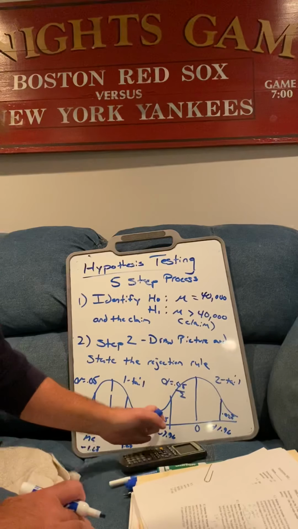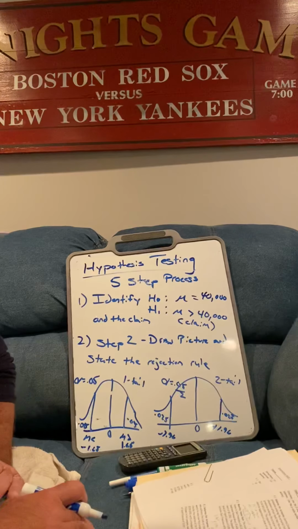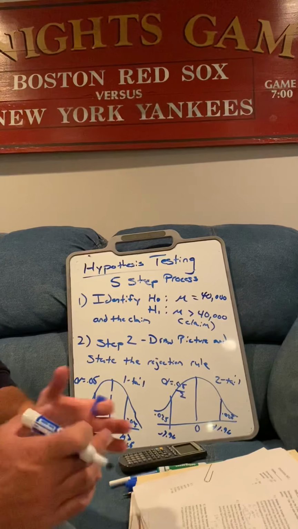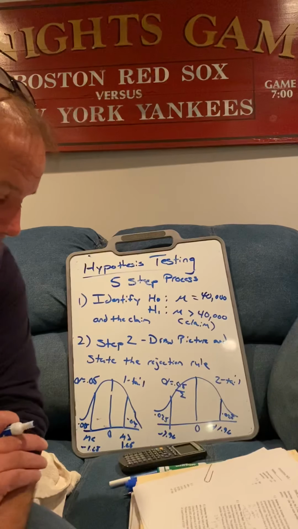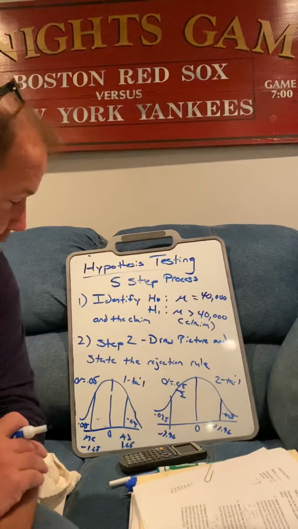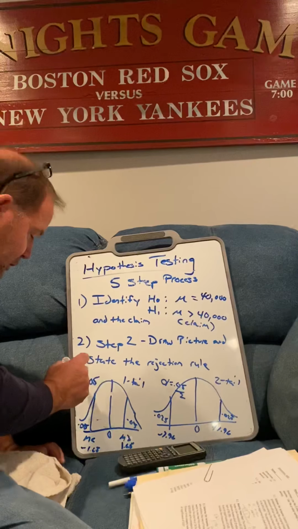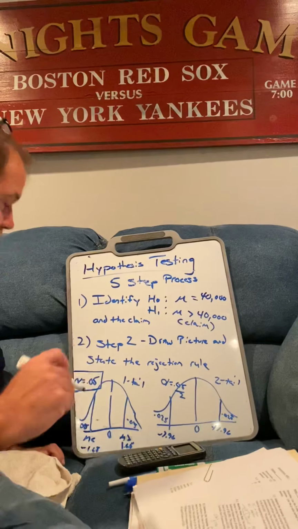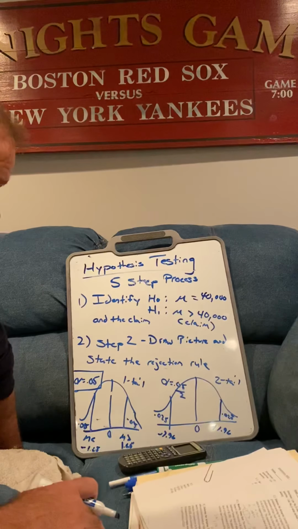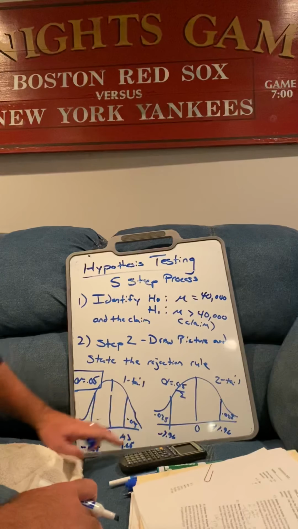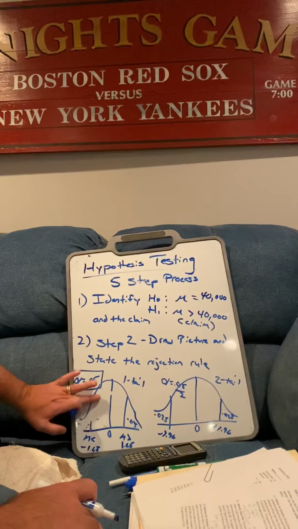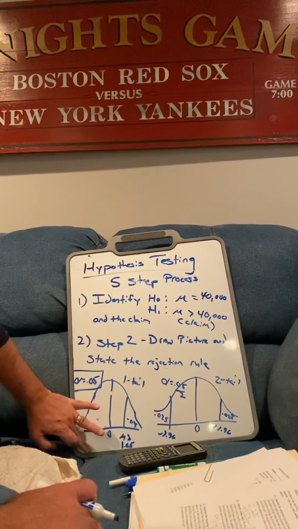And we would take our level of significance, whatever they tell us in the problem. In this problem, they told us that the level of significance was 5%. So this little symbol that we use here, the level is 5%. So for this problem, because it's a greater than, I'm not going to have it on the less than side.